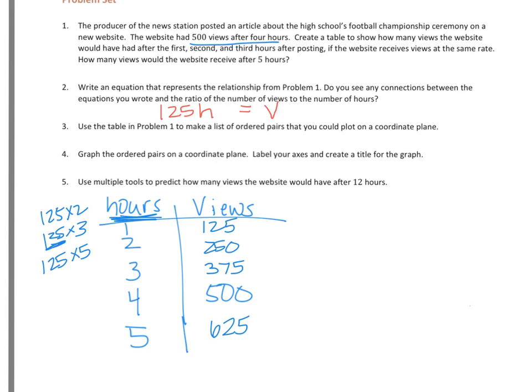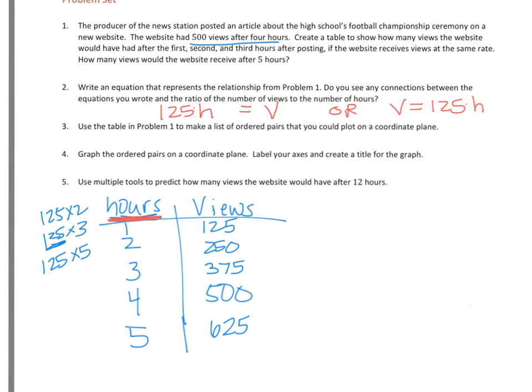So 125H, or 125 times H, or H times 125 will equal V. And this can be written in a bunch of different ways. So I could write V equals 125H, same thing, just I know that I'm taking the number of hours and multiplying it by 125 to get my views.